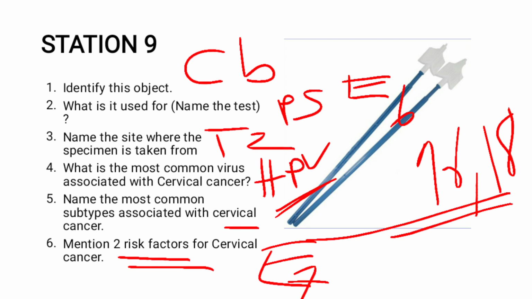E7 binds and degrades the retinoblastoma gene. So what's the normal function of the retinoblastoma gene? It's typically a prototype tumor suppressor gene that encodes a nuclear protein. We call it the retinoblastoma protein, and it acts as the cell cycle control checkpoint at the G1 phase.